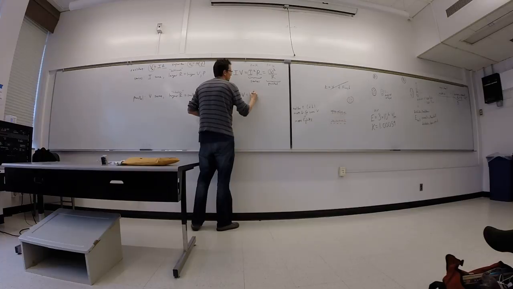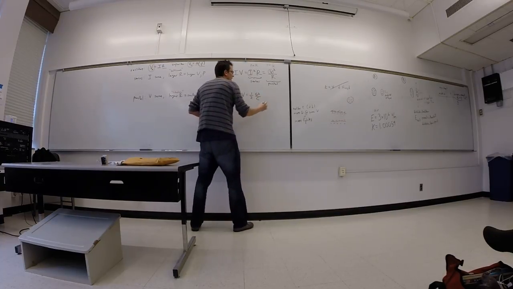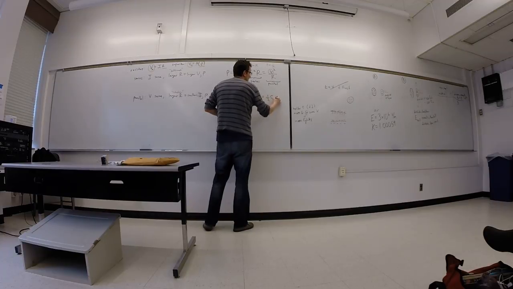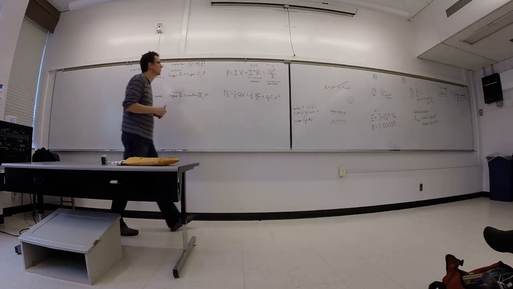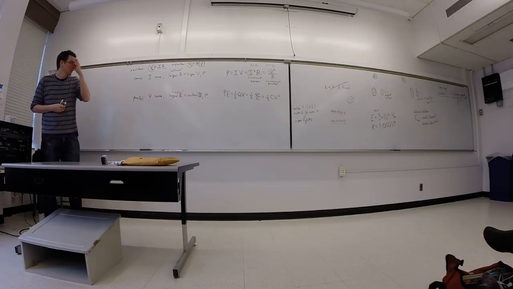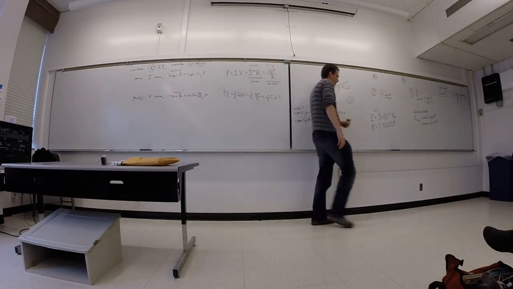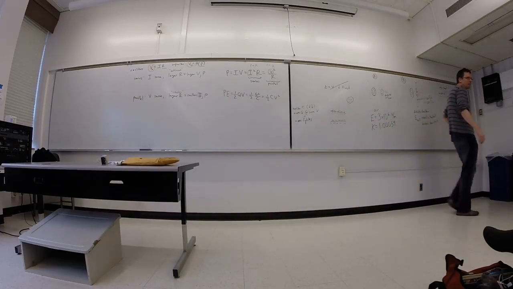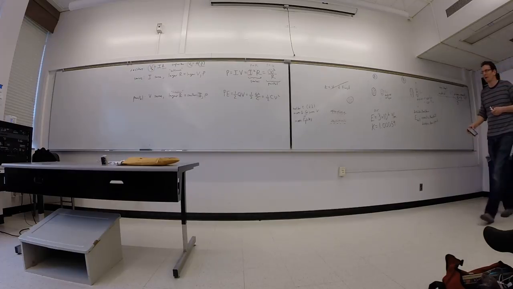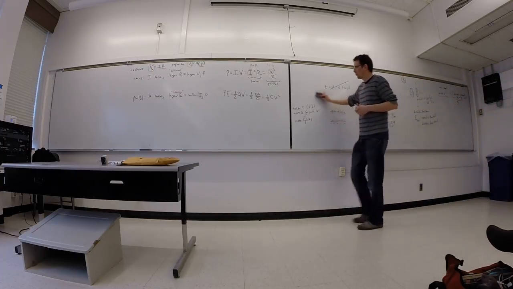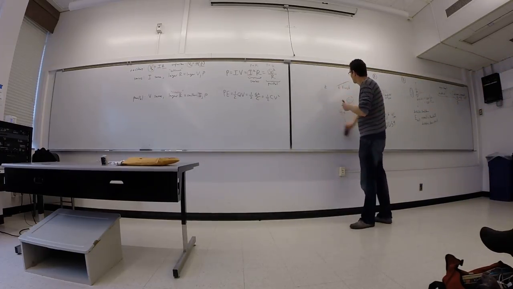I'll put them in this order: 1/2 Q squared over C, and 1/2 CV squared. All right? So I've left myself space to put in the statements with series and parallel caps, and we're going to see how they're very, very similar.